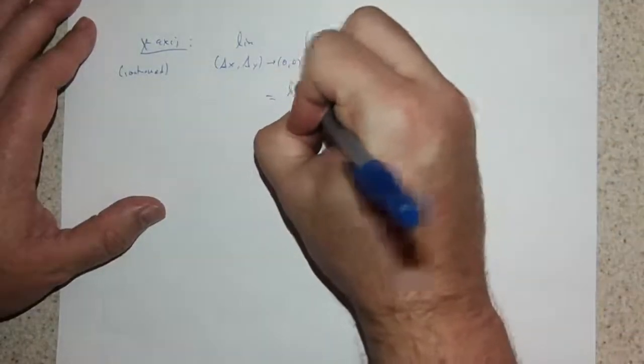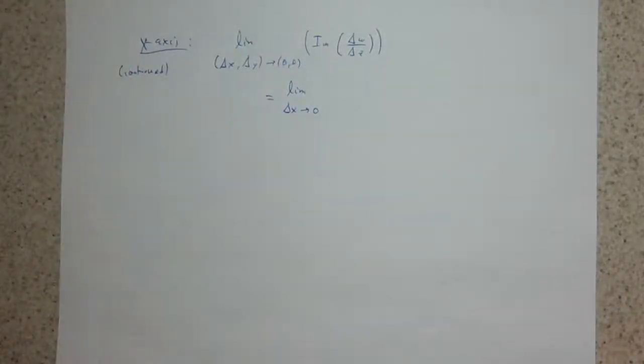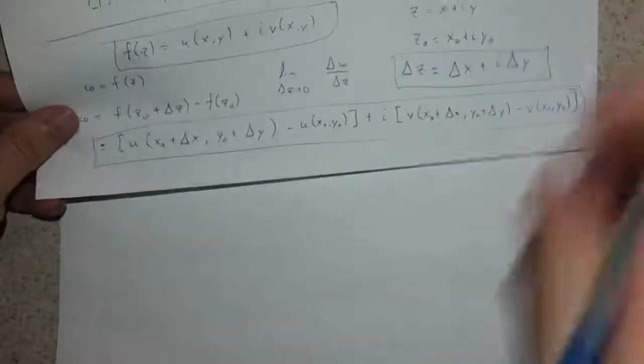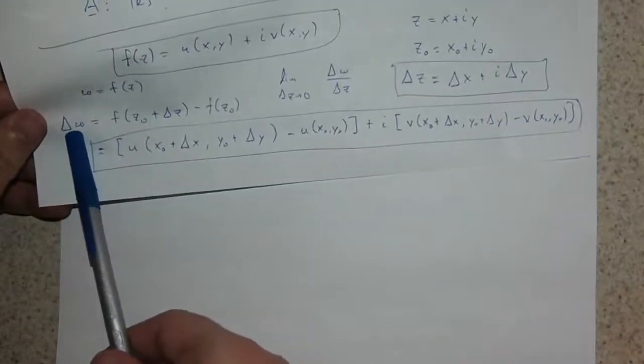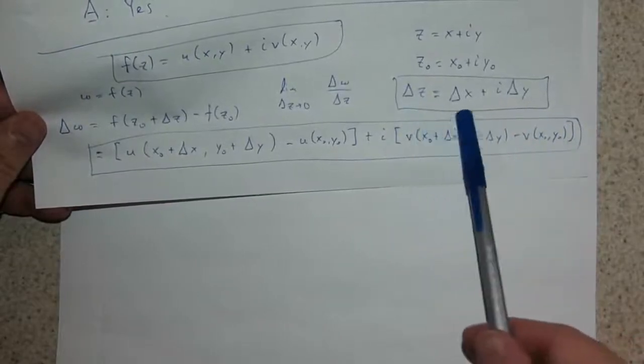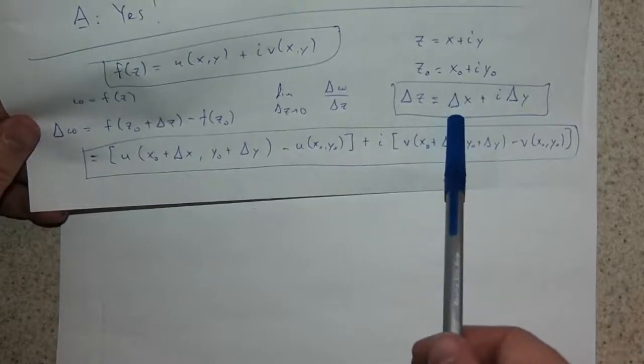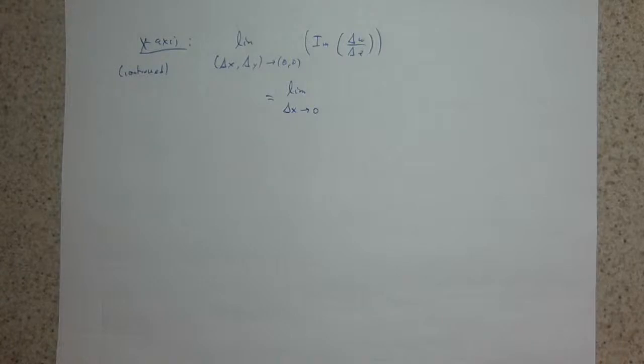This is equal to the limit as delta x approaches 0 of, well, looking back at what's going on here, the imaginary part of delta w over delta z is this v component over delta z, which is just delta x along the x-axis, and that delta y is 0.